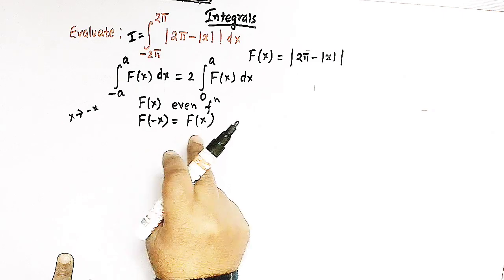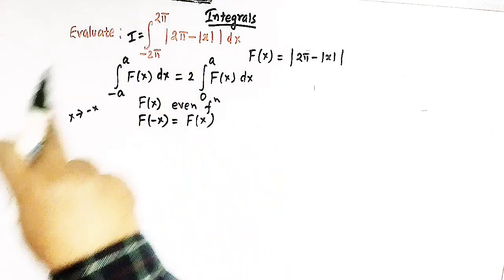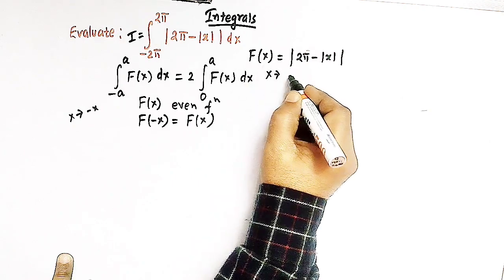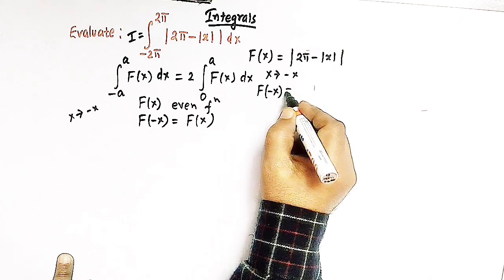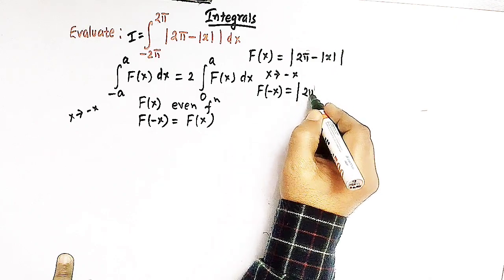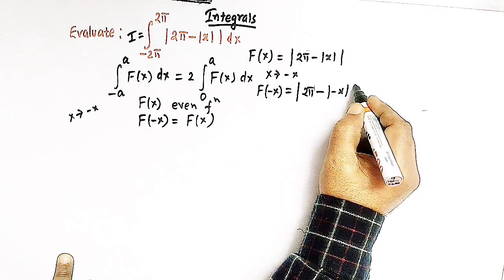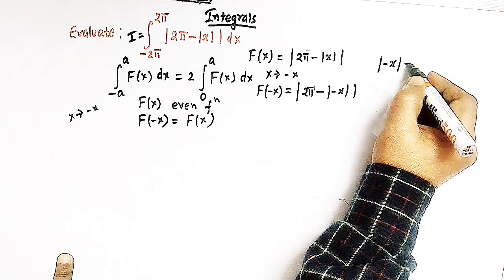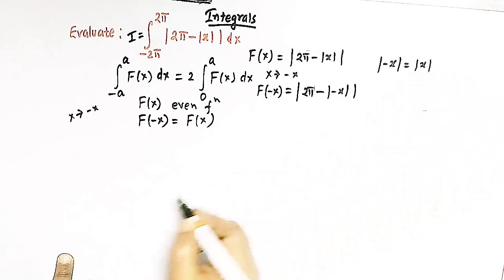So first of all, we'll apply this property to this integral, right? Here if we replace x by minus x, then we have f of minus x, and here we have mod of 2 pi minus mod of minus x, and we know that mod of minus x is equal to simply mod of x, right?